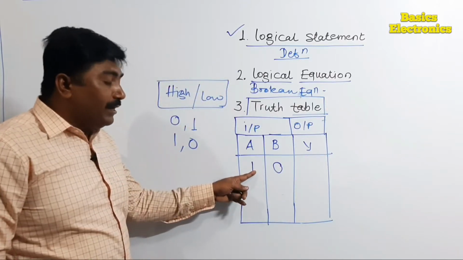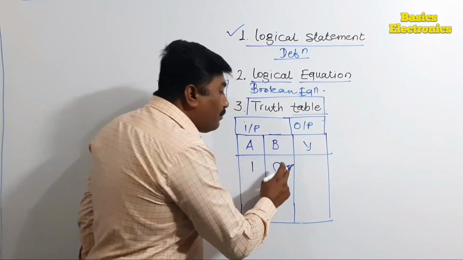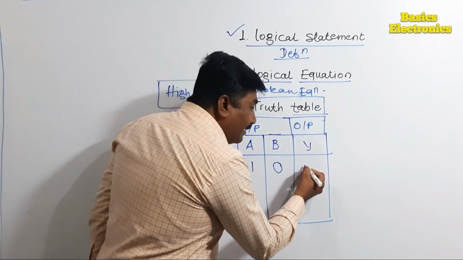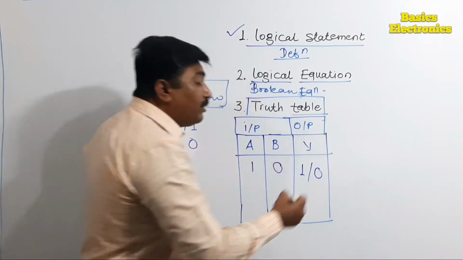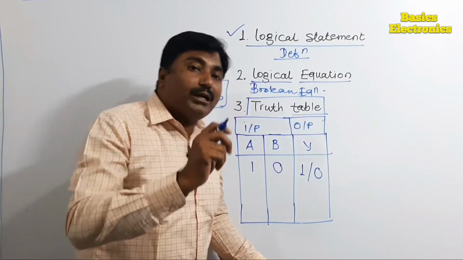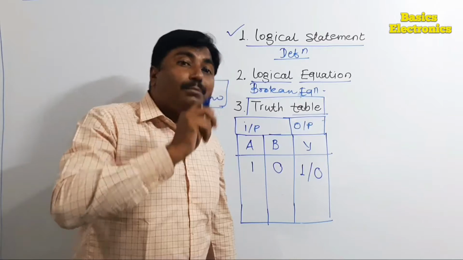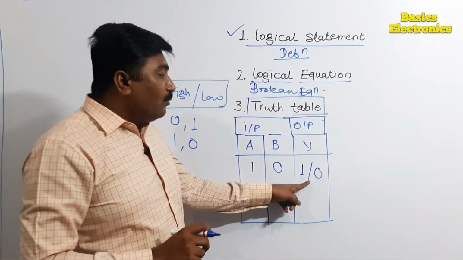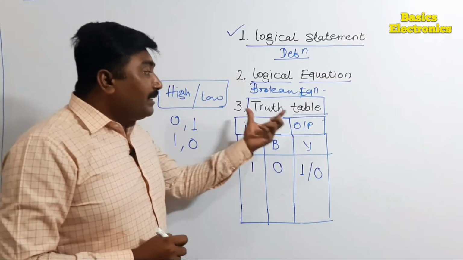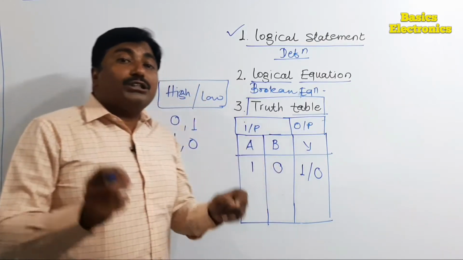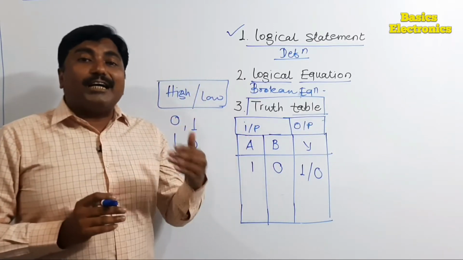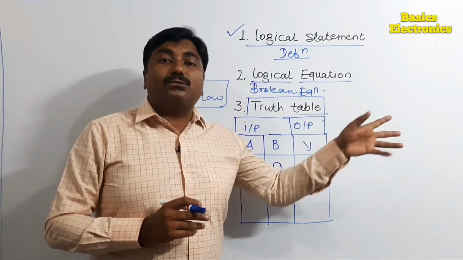Here one input may be equal to 1 and the other input may be equal to 0, or it may be equal to 1, and here its output is shown. That output depends on the type of the gate, on the logic and condition of that particular gate. We get the output either equal to 1 or equal to 0. So the table in which all possible combinations of inputs and their corresponding outputs are shown, that table we call a truth table.